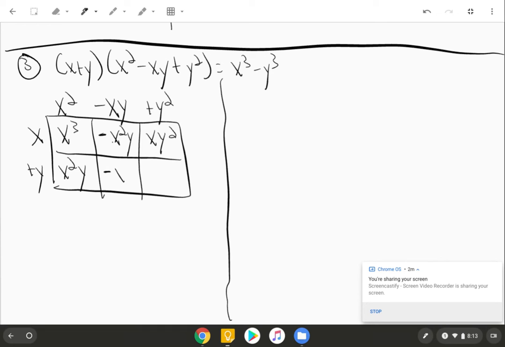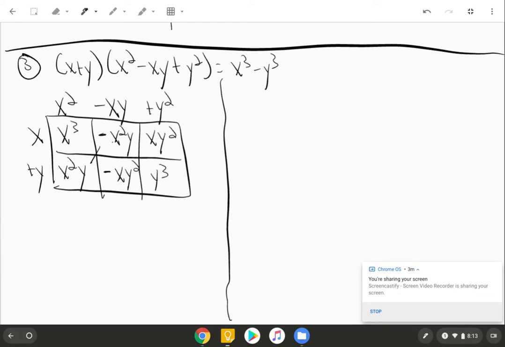Xy times y is going to be xy squared. And then this last one is going to be y squared times y, which is y cubed. So again, when I have multiple variables, write it out. Multiply it like you normally do, but write out the answer in alphabetical order.